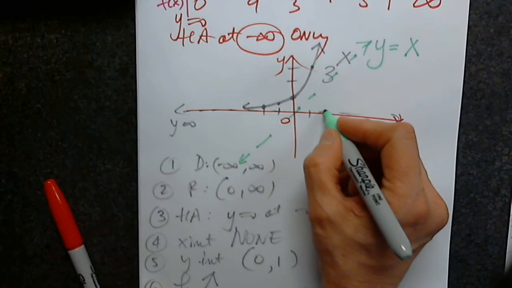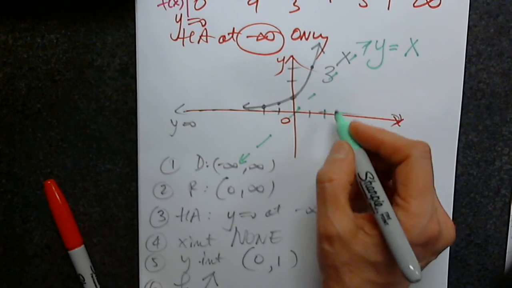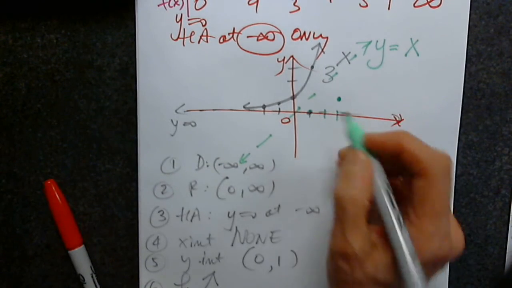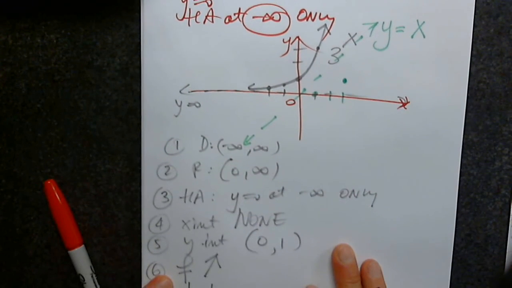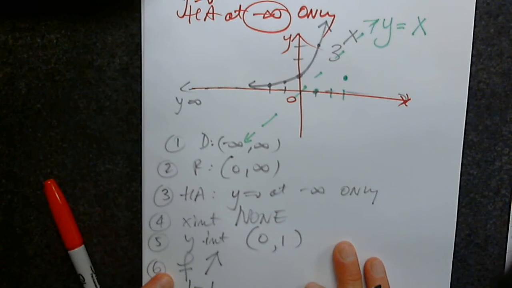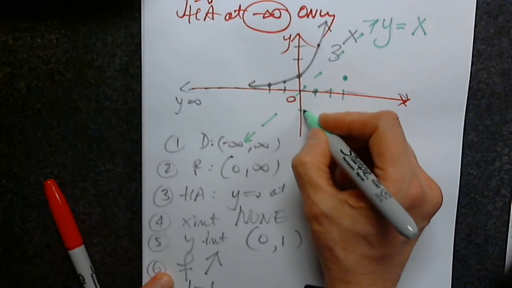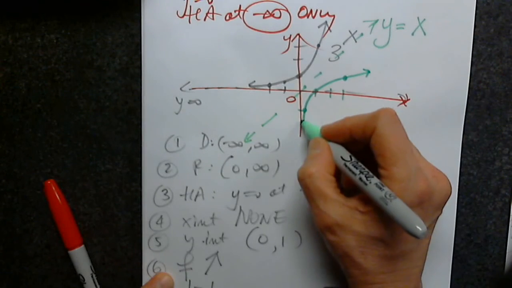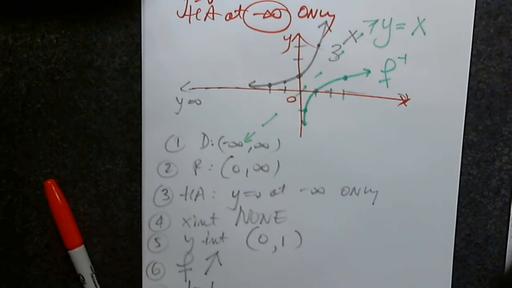9, 2, very good. 3, 1, very good. 1, 0, very good. One more? Yes, 1/3, negative 1. Here's the graph of f inverse.